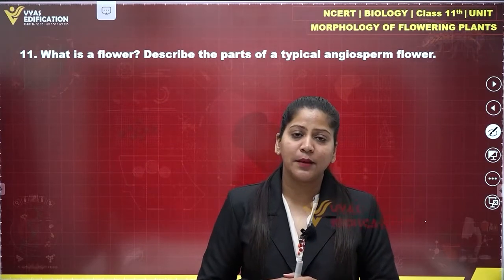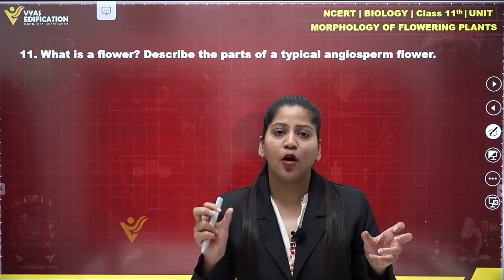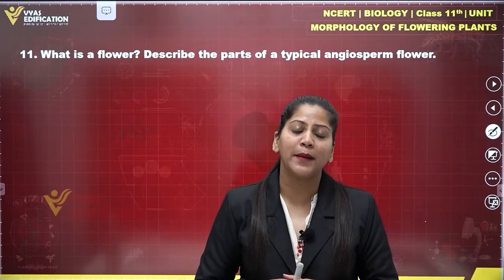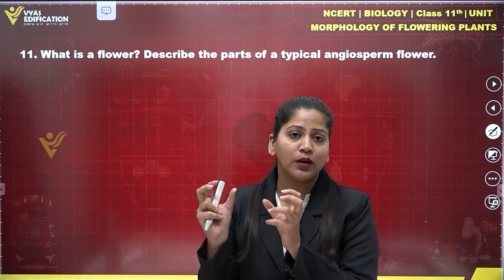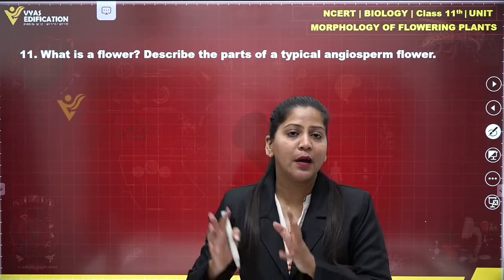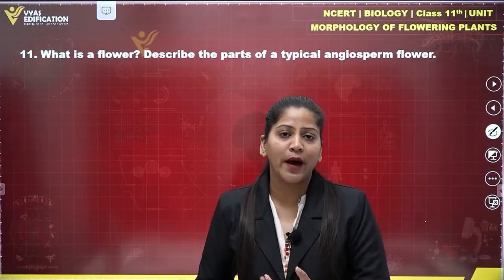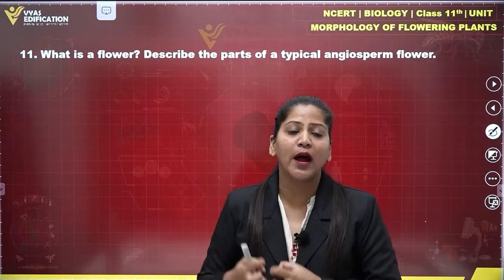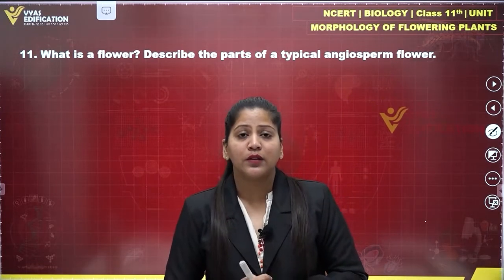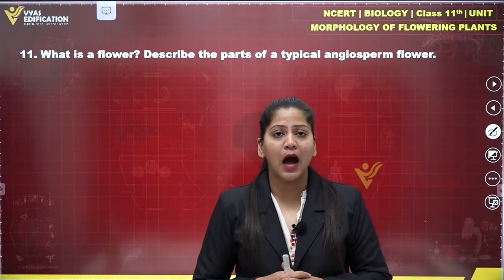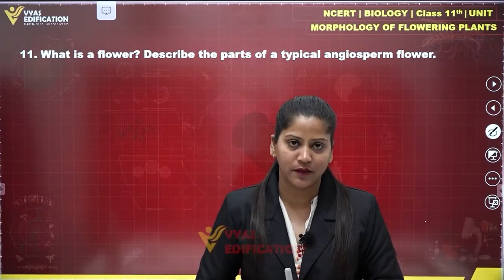The stamen and the pistil or carpel represent the male and female reproductive structures, whereas the petals and sepals are present in the flower or flowering bud to provide protection and attract the pollinators or pollinating agents. This flower carries out sexual reproduction in all angiospermic plants.